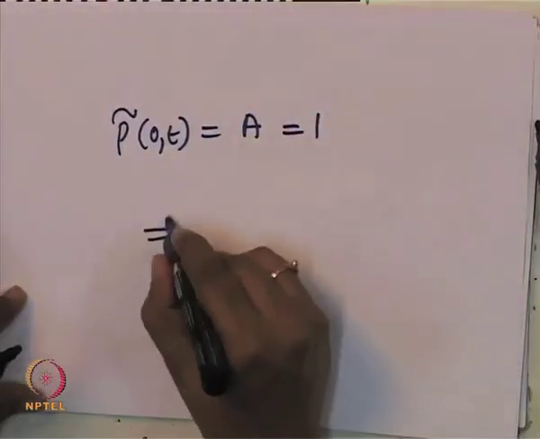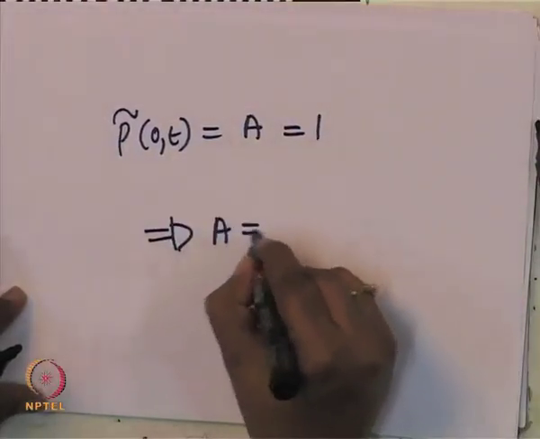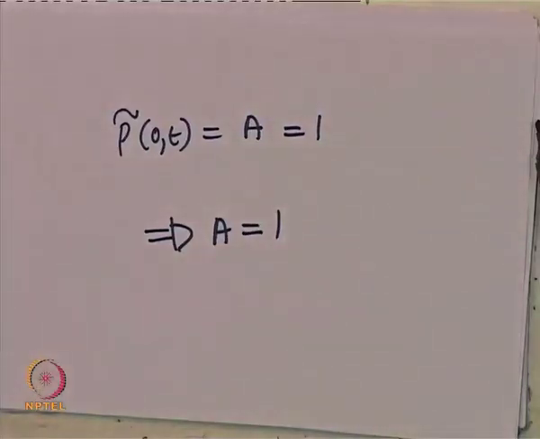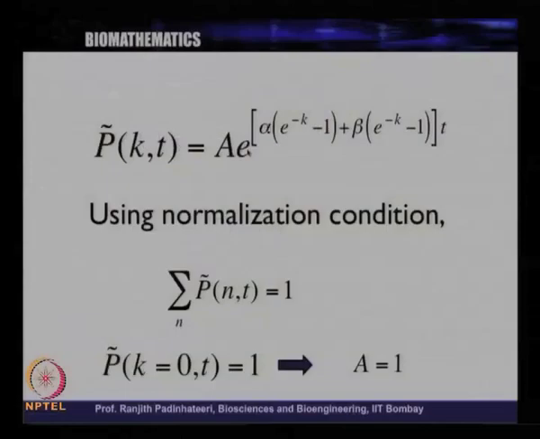So, this implies that the normalization constant a is actually 1. So, we could easily solve it and find this constant.